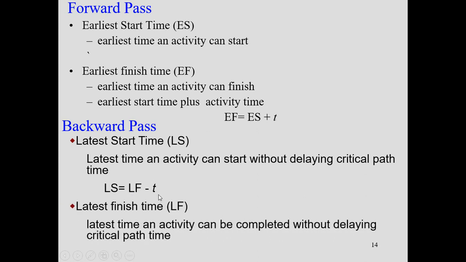The latest finish means the latest time an activity can be completed without delaying the critical path. So this indicates how much delay can be tolerated without affecting a critical activity.